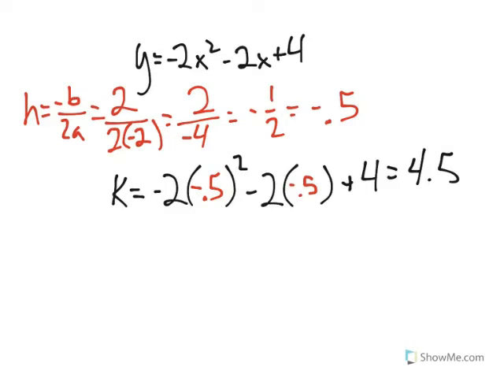So that tells me that my vertex for this one is going to be at -0.5, comma 4.5.